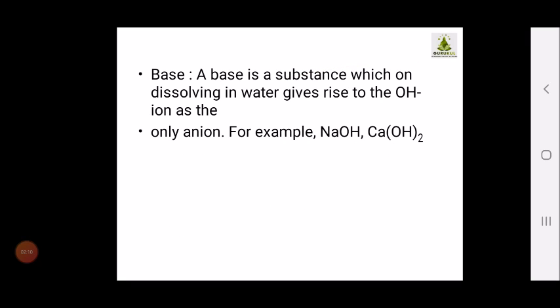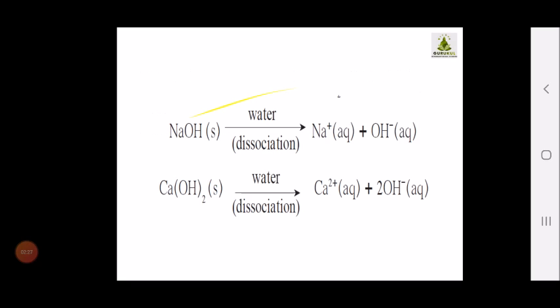Now the concept of a base. A base is a substance which, on dissolving in water, gives rise to OH- ions as the only anion. For example, NaOH and Ca(OH)2. Now look at the equations given.